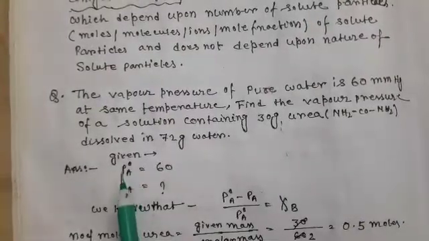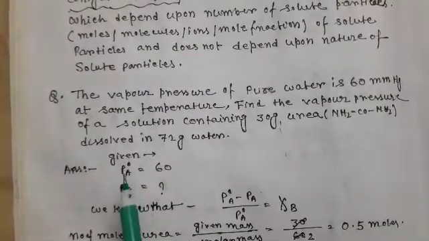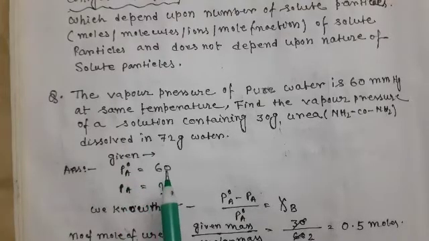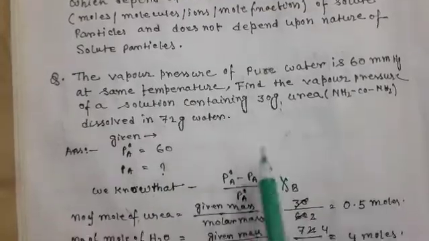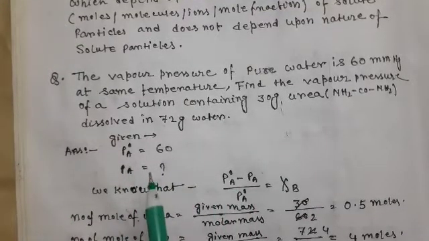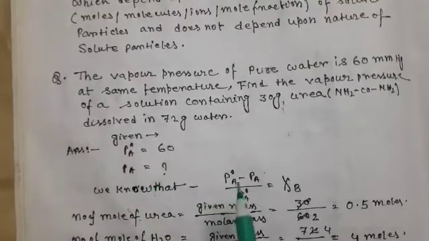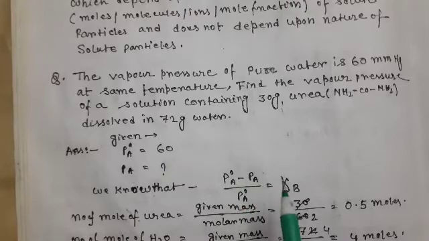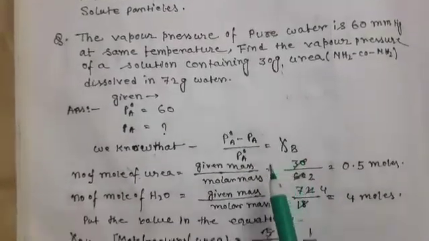Here P naught A, the vapor pressure of pure liquid A, is given as 60 mmHg, and we calculate PA, the vapor pressure of the solution. We know the formula: (P naught A minus PA) by P naught A is equal to zeta B, the mole fraction of B.